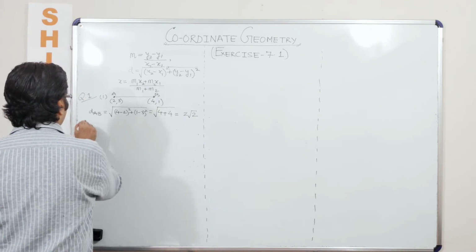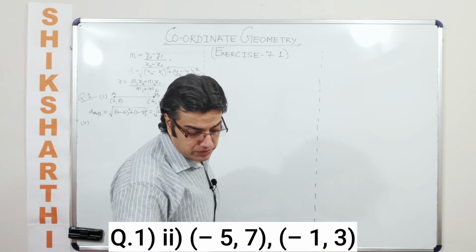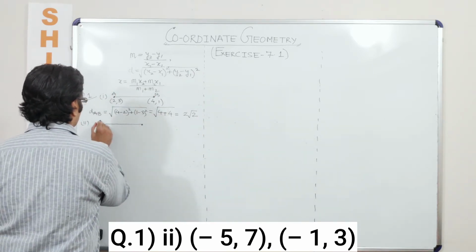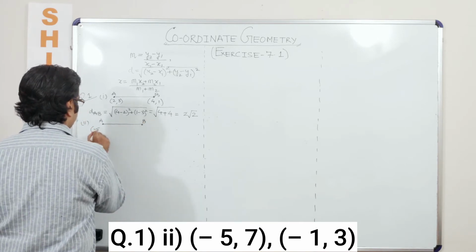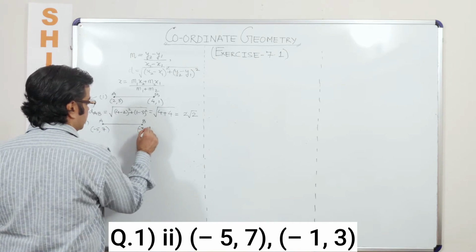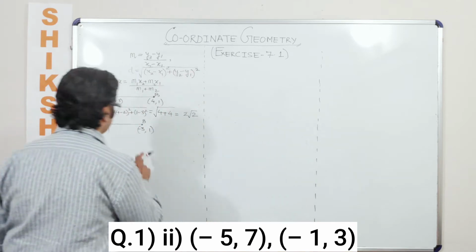Similarly, talking about subpart 2, you have to find the distance between minus 5, 7 and minus 1, 3. Let's say this is A and this is B. Let me just check the values once again.